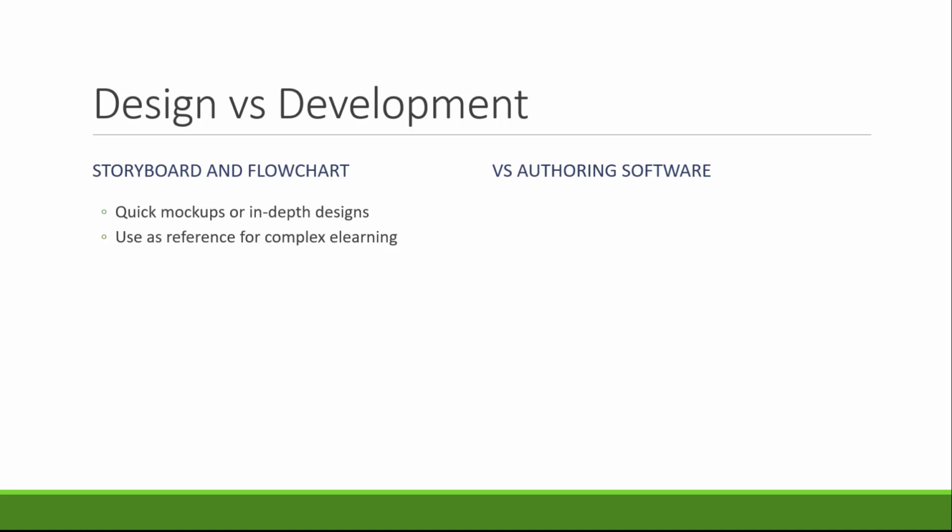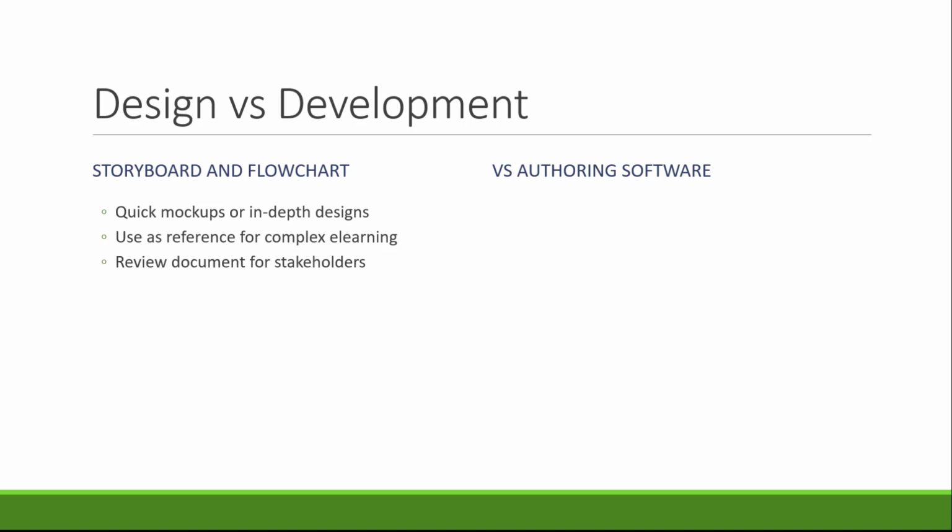Branching scenarios, those can be really complex to build. If you're using any sort of triggers or advanced actions in your software or variables, your storyboard will make note of where those need to go. So that can be a huge time saver because you're penciling this all out in advance and you're not just doing it on the fly in the authoring software itself.